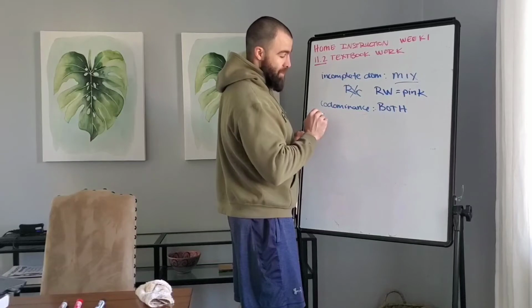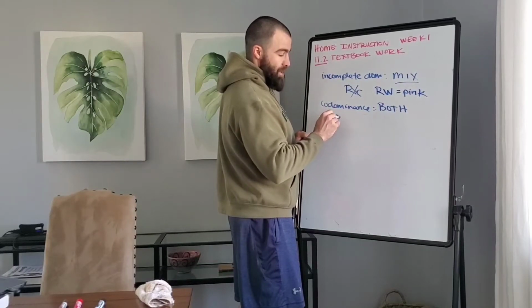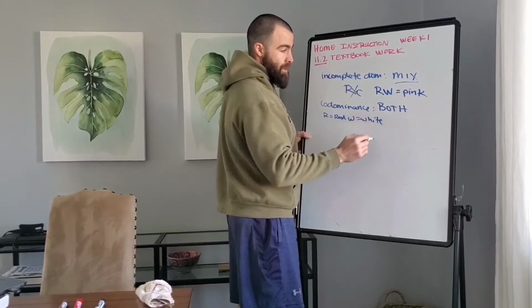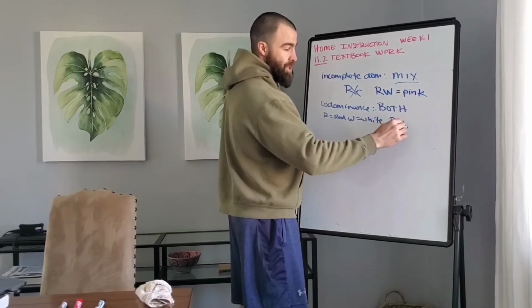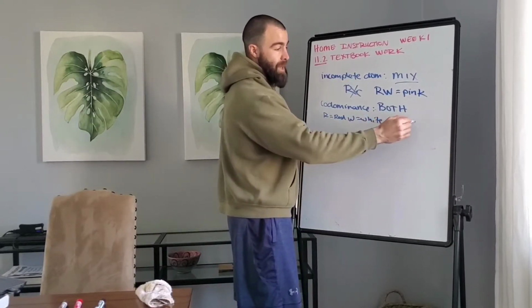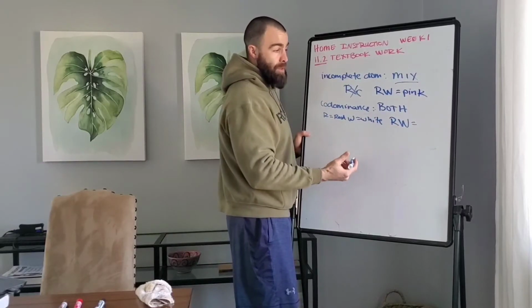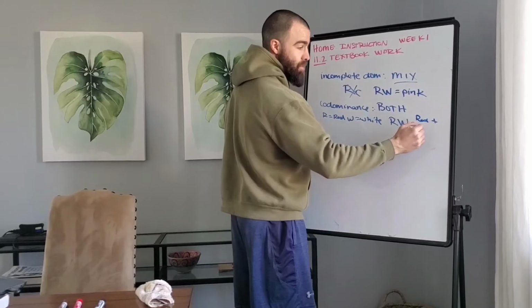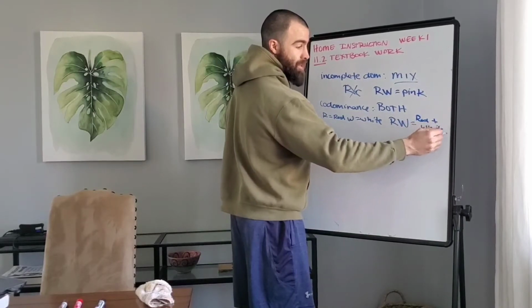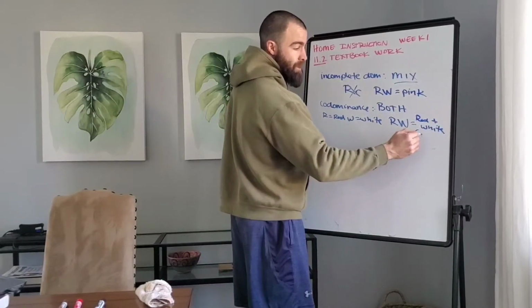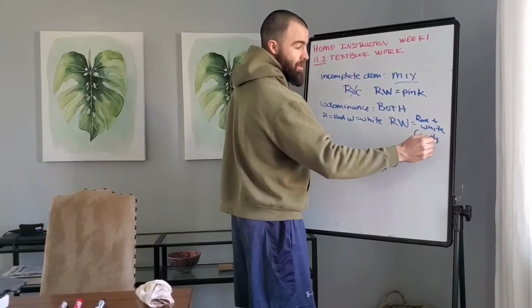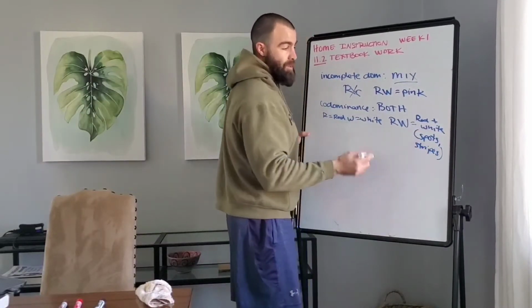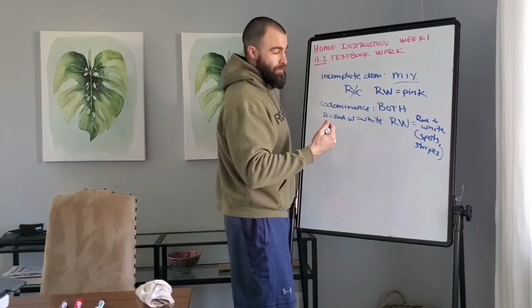So if we do that same thing where R equals red and W equals white, this genotype is not going to make pink because you're showing both. You're going to be red and white. So that would be something like spots or stripes, where you're seeing the red and the white.